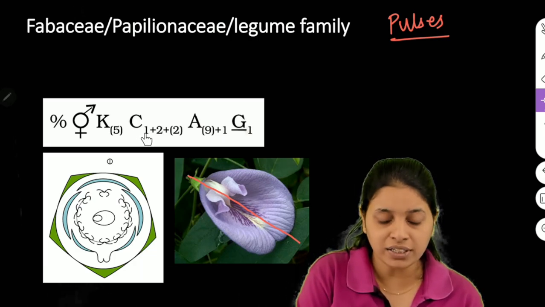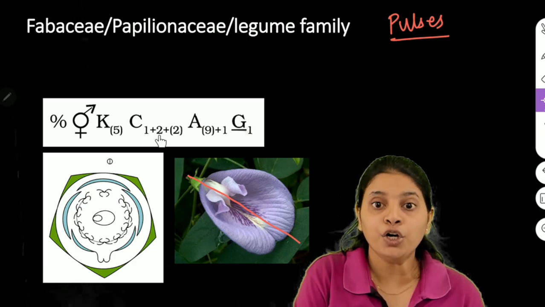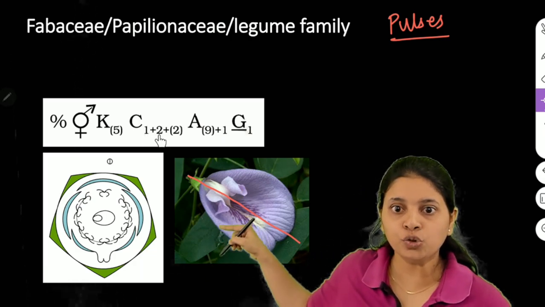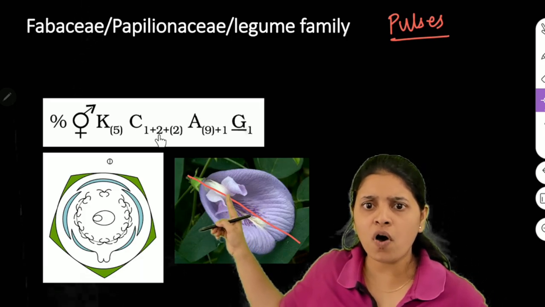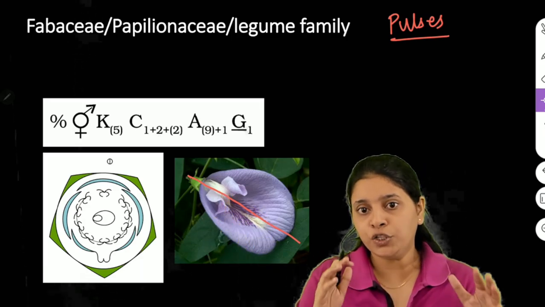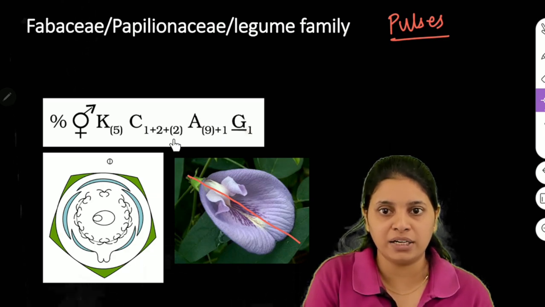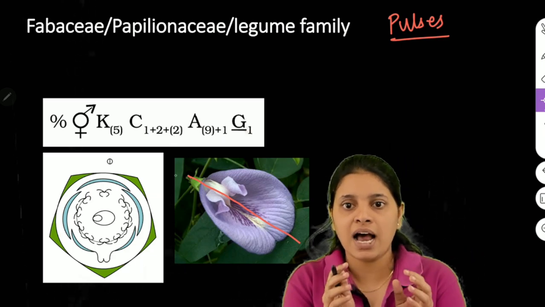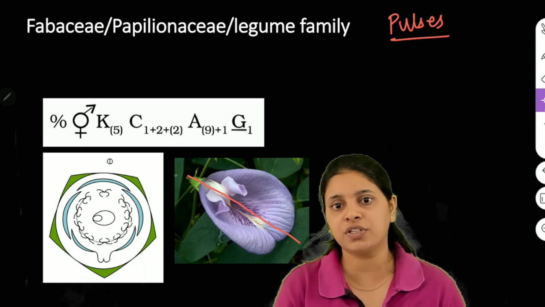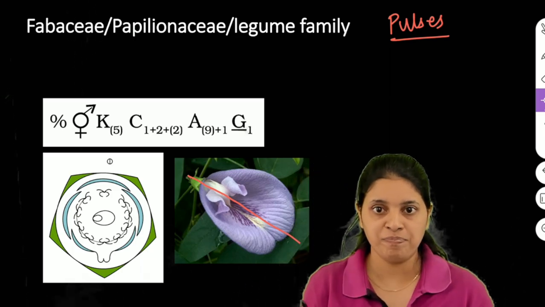So this is 1 plus 2, that is these two wings, and then we have a small boat shaped structure of two fused petals. This is this one, 2 and a bracket, because those two small petals are fused to form a boat shaped structure, hence it is called keel.